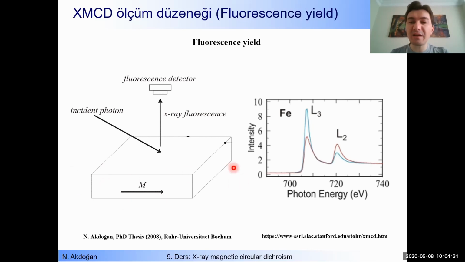So you can apply a magnetic field, but you must be very careful, because here you have a fluorescence detector, okay? And the fluorescence detector is usually very close to the surface of the material. Then if you have a magnetic field source here, your detector can be affected by the magnetic field. Just remember the detector working principles. Most of the detectors convert photons, X-rays, to electrons, right?